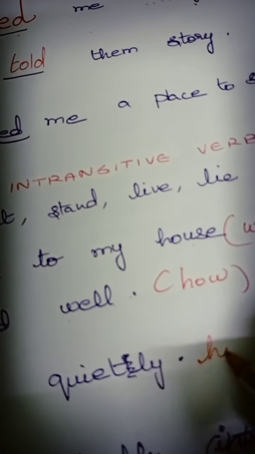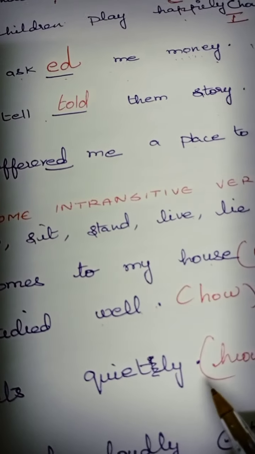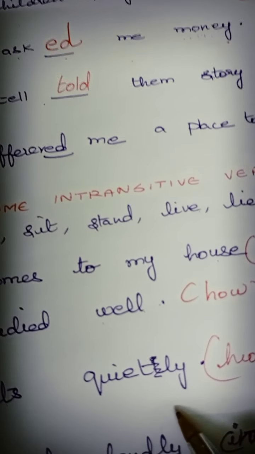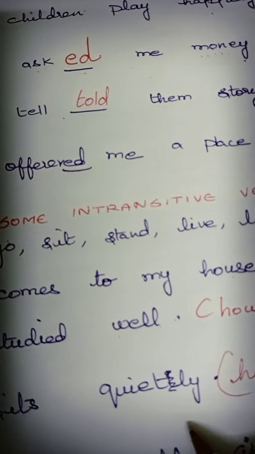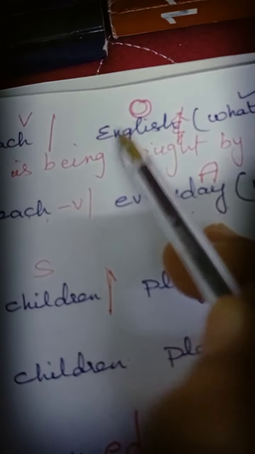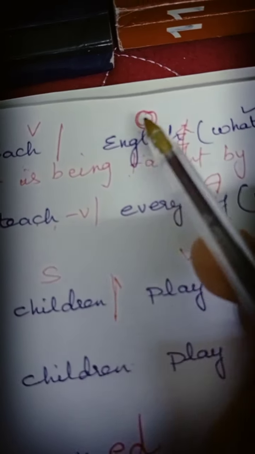Here also, how? So these cannot be changed from active to passive voice. So these are called intransitive sentences. Only the first sentence which I told, "I teach English," because English is an object here. "I" is the first noun and "English" is the second noun, so it becomes an object. So at that time I can take it as transitive.